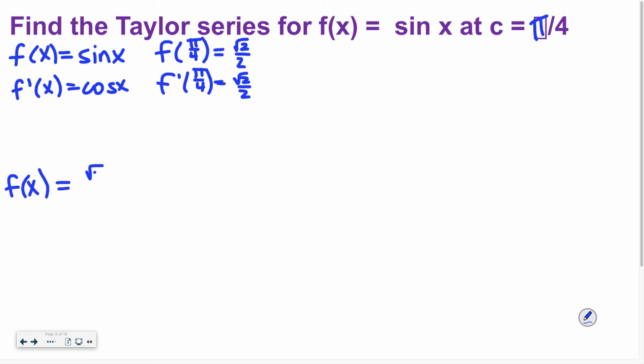We have radical 2 over 2 plus radical 2 over 2 times x minus pi over 4 plus, oh, what's the easiest way to write this? Radical 2 over 2 factorial x.